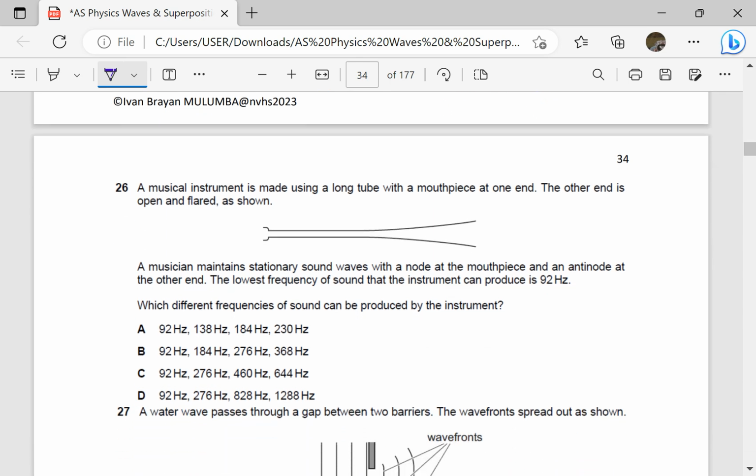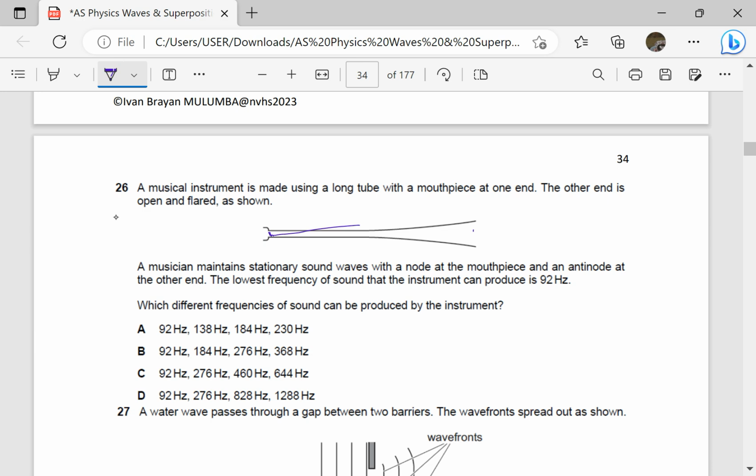A musical instrument is made using a long tube with a mouthpiece at one end. The other end is open and flared as shown. So a musician maintains stationary sound waves with a node at the mouthpiece and an antinode at the other end.